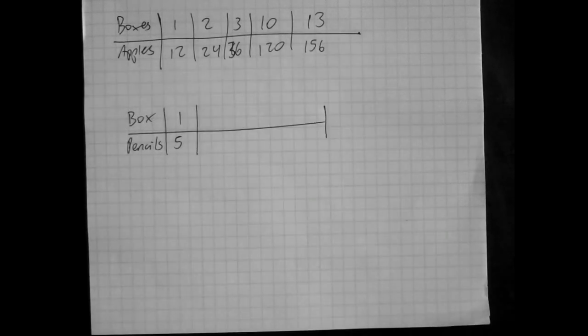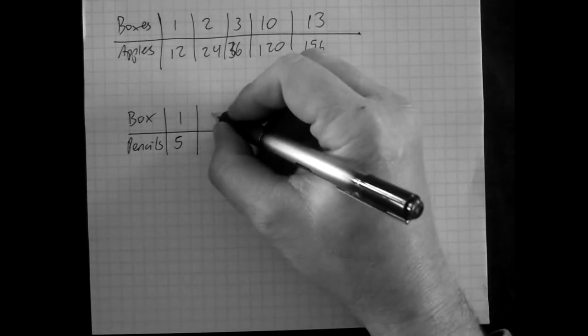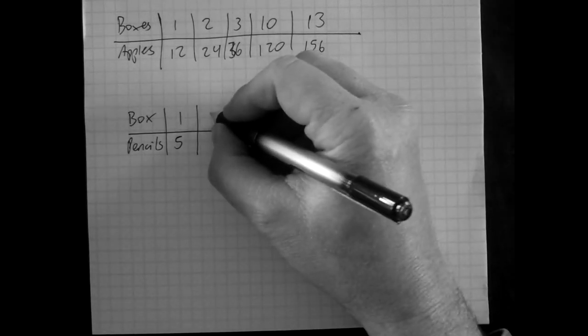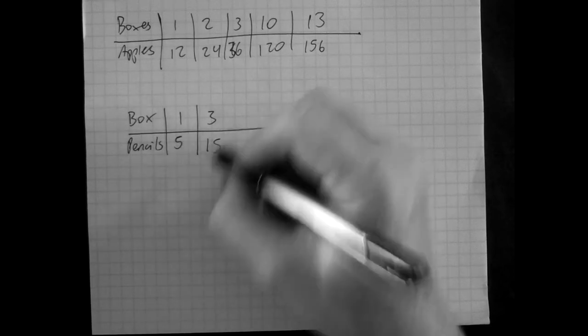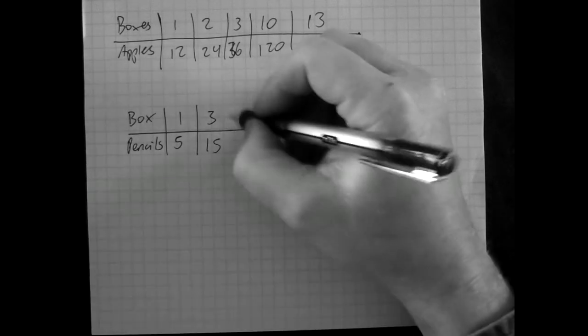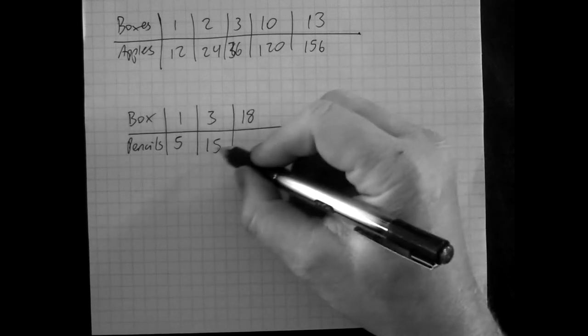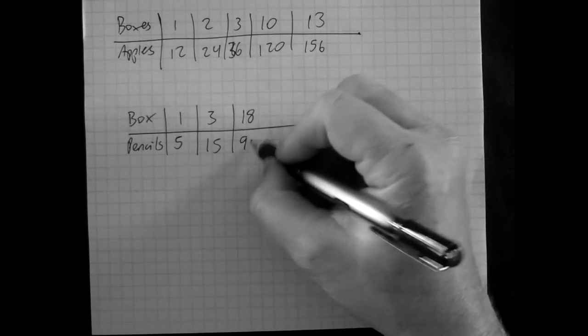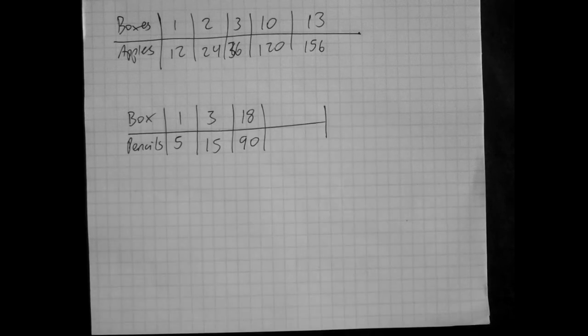Depending on how you like to get to 18, you might go from 1 first to 3. And then that would mean 5 goes to 15. We've multiplied them both by 3. And then we might multiply them both by 6 to get to 18. So 15 times 6 then is 90. And there's 90 pencils in 18 boxes.